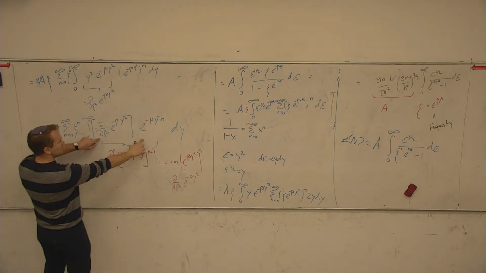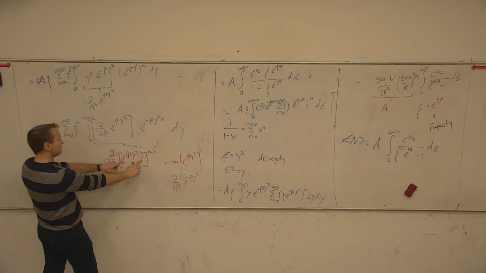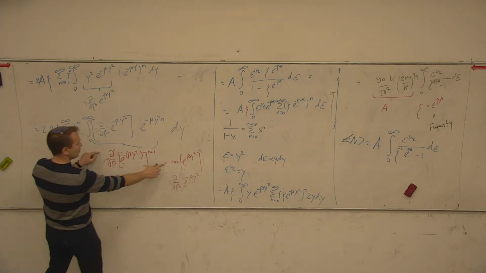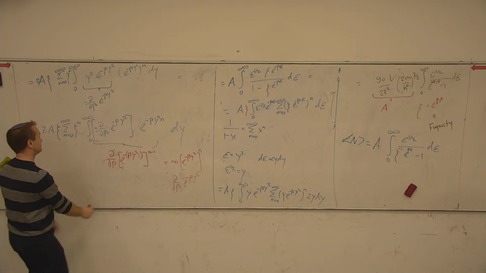So we are going to use this again and say that whatever is written over here is simply 1 over n plus 1 times this derivative.